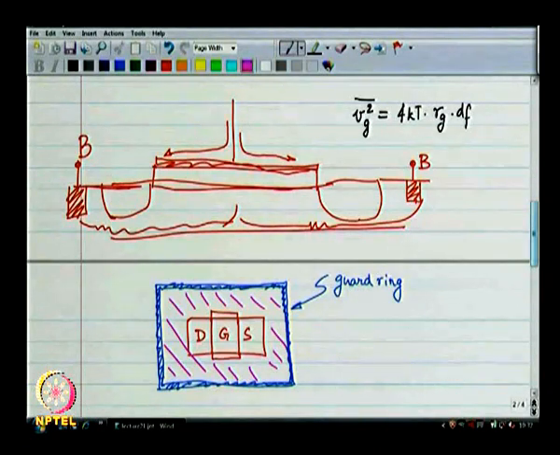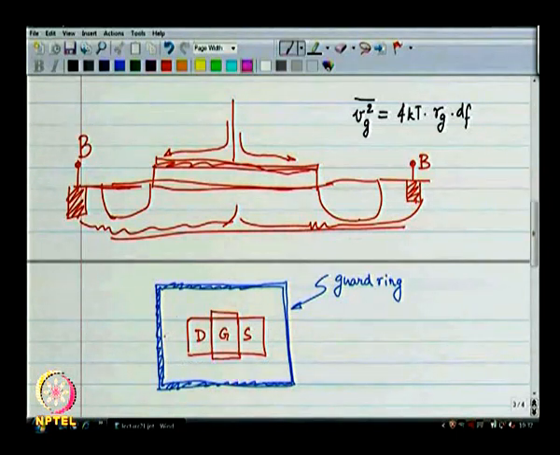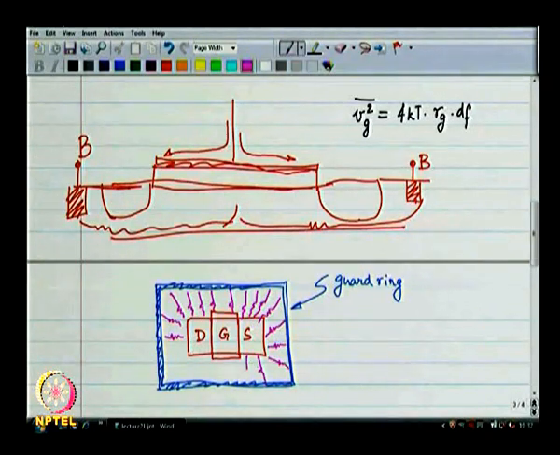So, the body itself is resistive, okay. The body itself is resistive, and because of this resistivity, because of this resistance, there is going to be some noise voltage on the body.